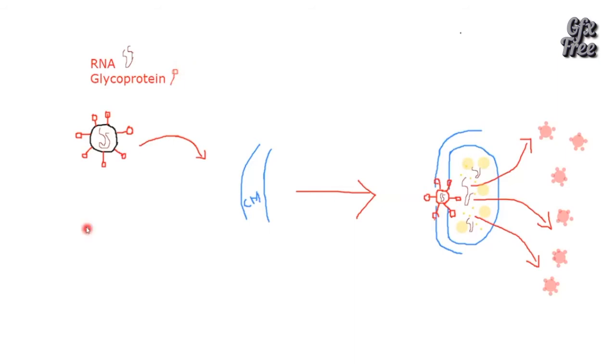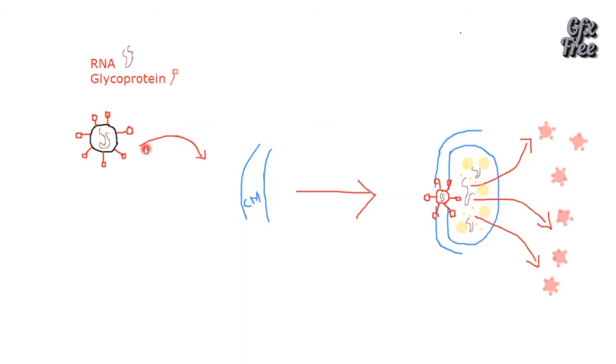We'll be discussing how this virus particle actually infects a human cell, what really happens. Now, we know that this virus particle has an envelope and glycoprotein projecting outside, which gives a spike-like or crown-like appearance. It also has a single-stranded RNA.